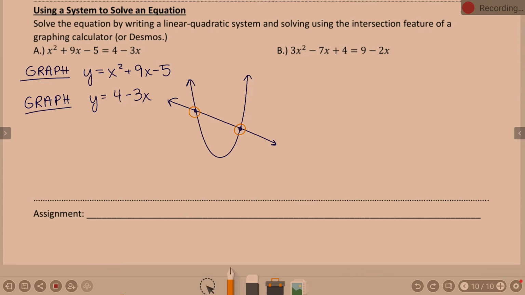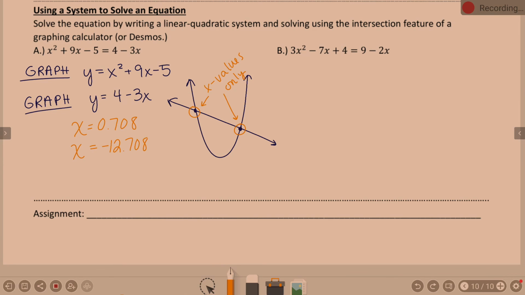So what x values did we have? 0.708 and negative 12.708. Only need the x values, okay? So we just want to know x values only.